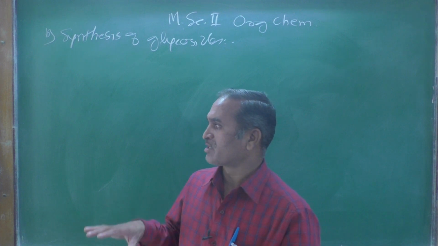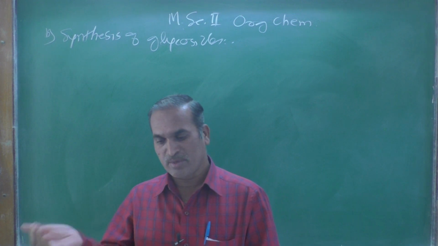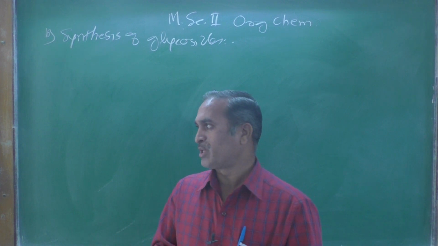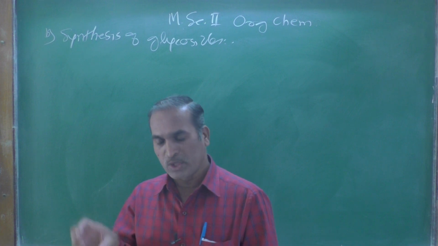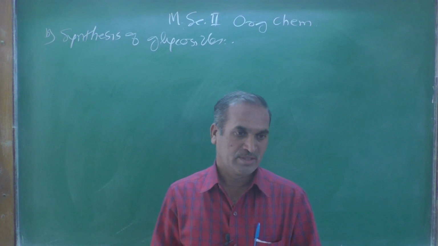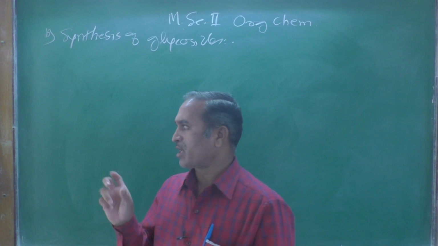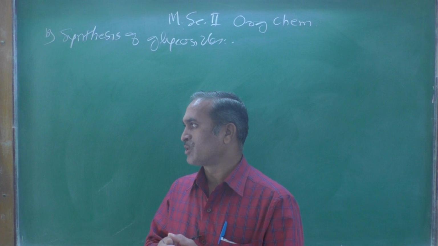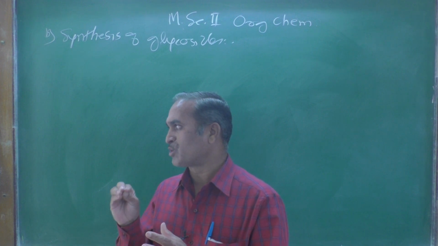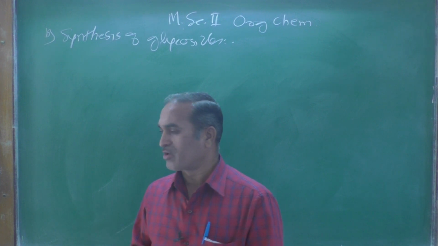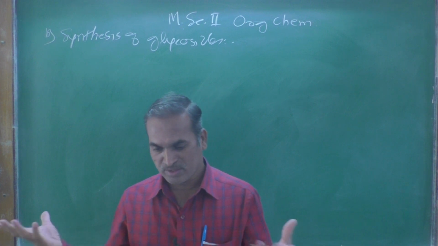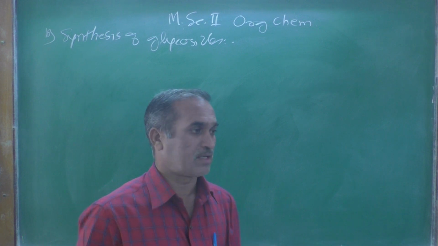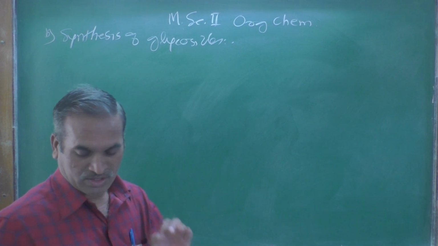That becomes a donor, and some other monosaccharide unit, or maybe an oligosaccharide, may be the acceptor. So donor and acceptor coupling takes place together. A glycosidic bond formation occurs, and we get different types of oligosaccharides. That is what we saw yesterday.